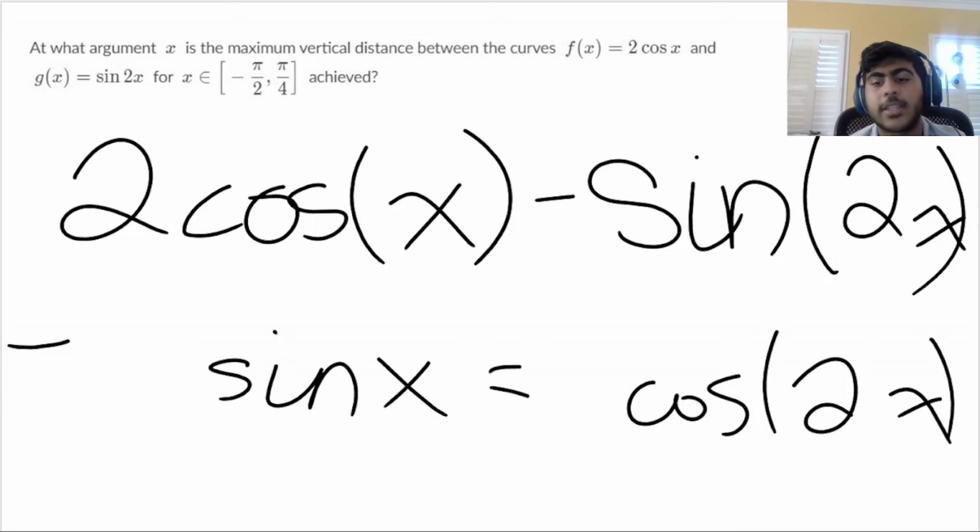Now we have negative sine x equals cosine of 2x, and we have to try to figure out where that is satisfied. What number is that satisfied at?